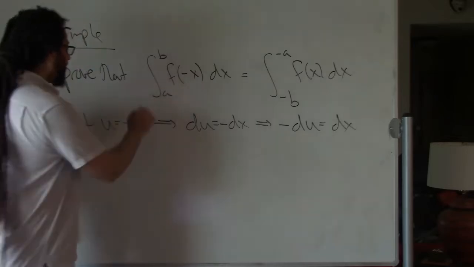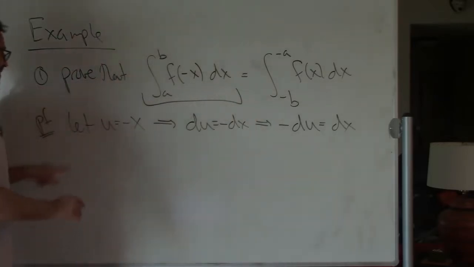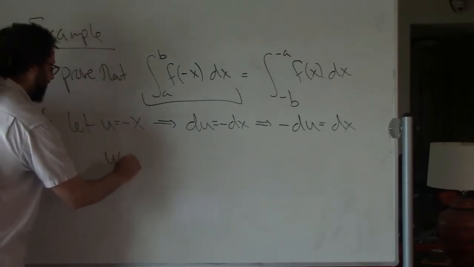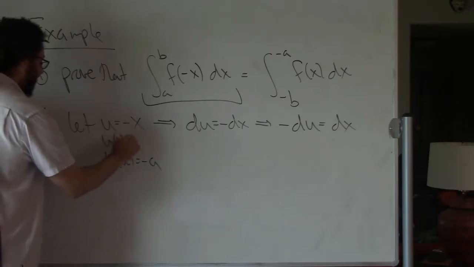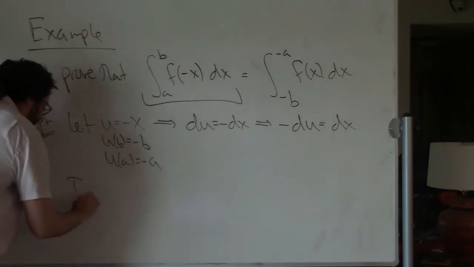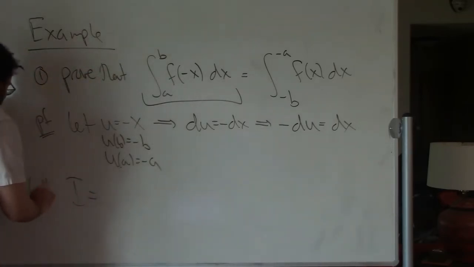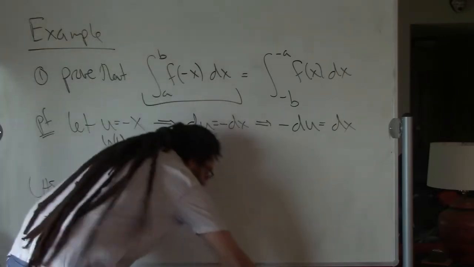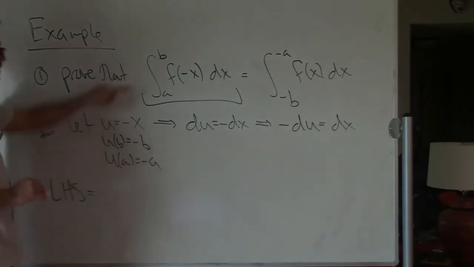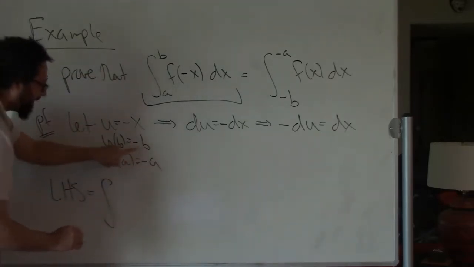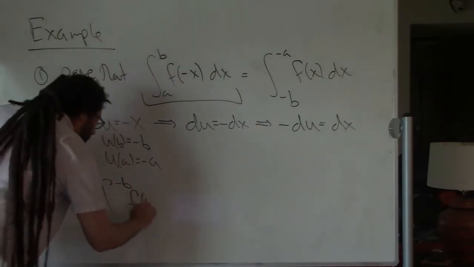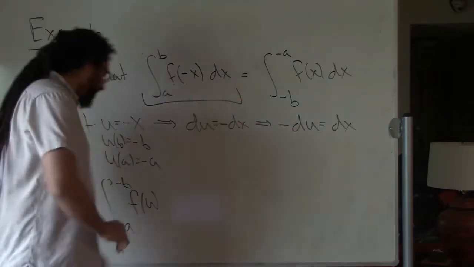And so now on the left-hand side here, this integral is going to become, change the limits of integration. So u of a is equal to negative a, and u of b is equal to negative b, just like we've always done. And so now the left-hand side is equal to the integral from negative a to negative b of f of u, and dx, that's negative du.